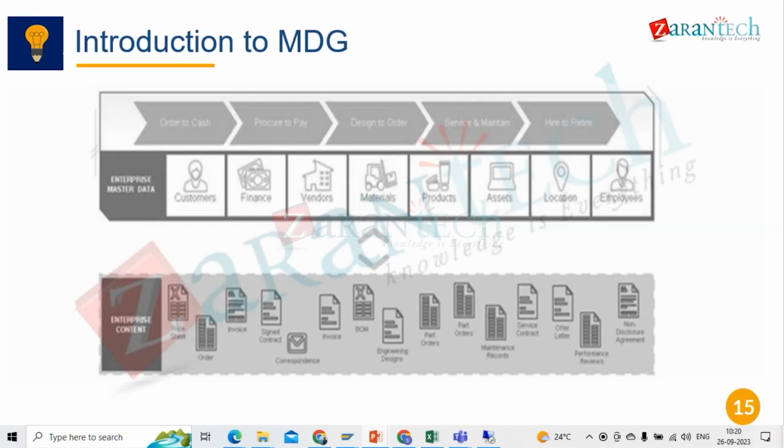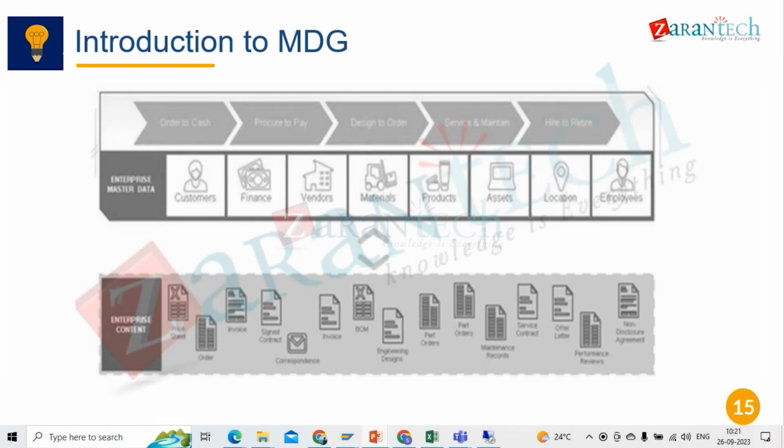Does anyone have any questions so far? Actually, generally in ECC, we create either a customer or a vendor. When it comes to MDG, I could see that business partner is there. What is the use of the business partner? You know, right?